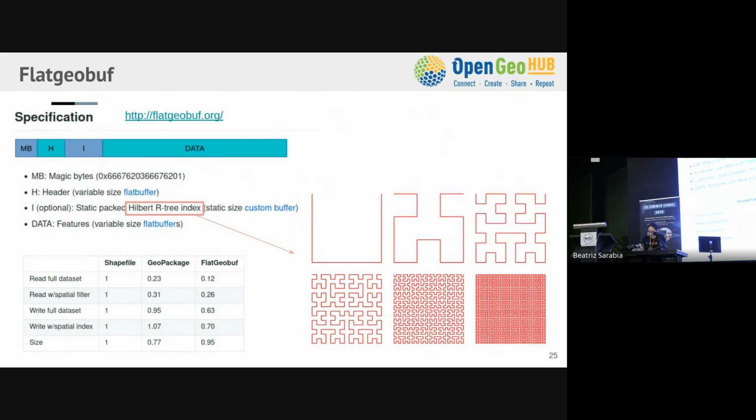So in the specification of FlatGeobuf, they have a specific header that organizes the data in the R-tree index. So the Hilbert R-tree index is a way that optimizes the search distance. It's a bit deep, but you don't have to really know the detail. It's just an optimized way to find the closest distance.